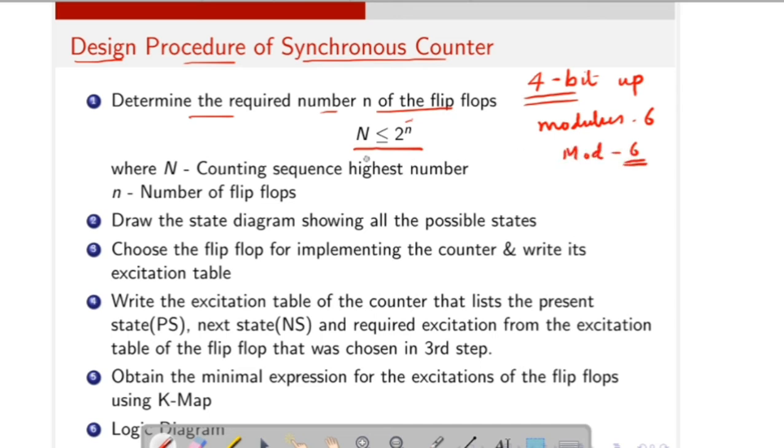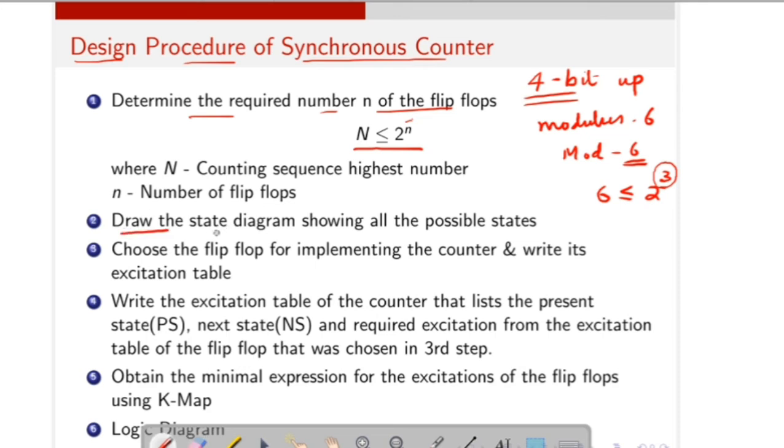Here 6 represents capital N. So you know that 6 is less than or equal to 2 raised to 3, so it requires 3 flip-flops to design the counter. Right? A mod 6 counter requires 3 flip-flops.